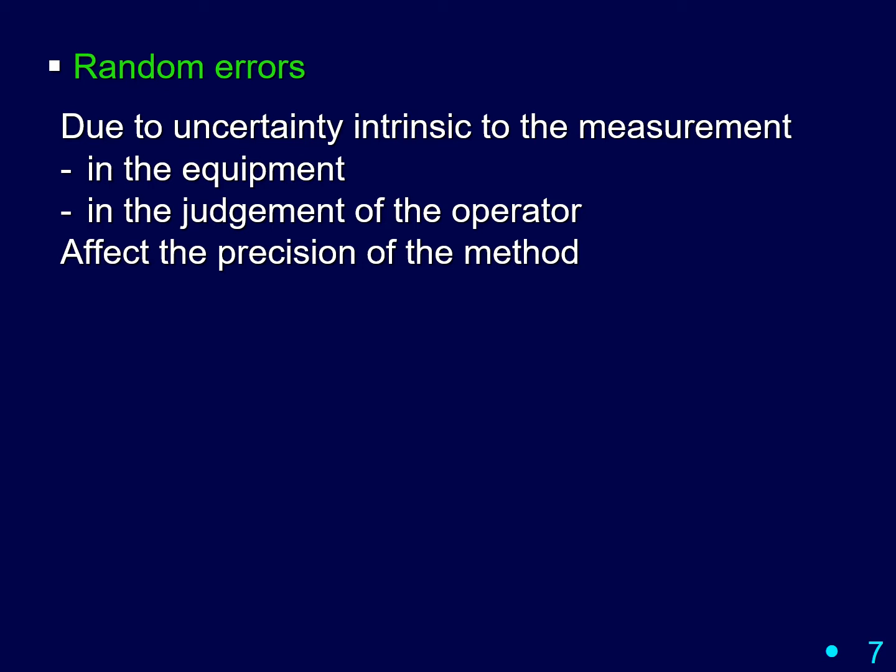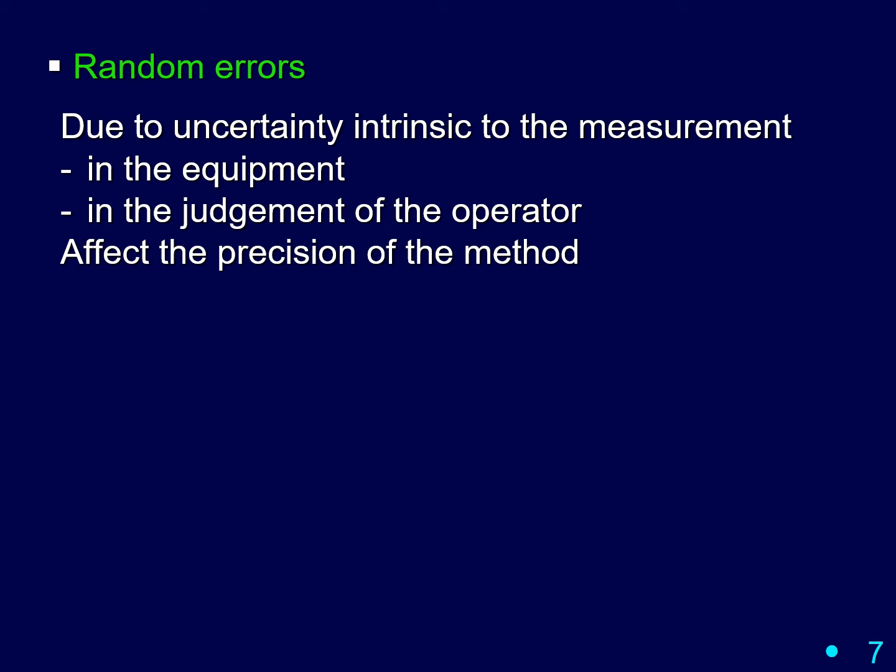So this can be due to the equipment. We know that electronic balances, the ones at school, have an uncertainty of plus or minus 0.005. That's intrinsic to the balance. We know that when we read a measuring cylinder, we can judge it to roughly half of the smallest interval, i.e. plus or minus 0.5 of a mil.